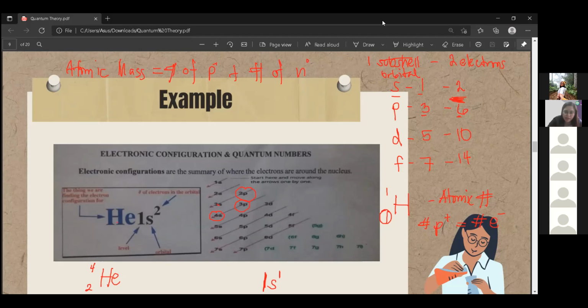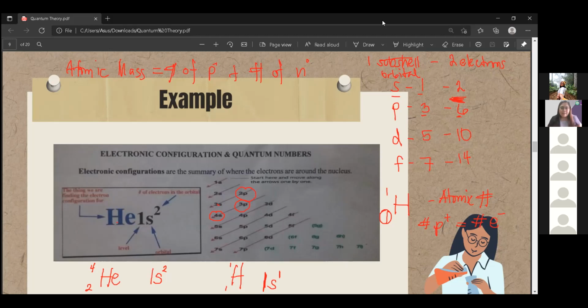And if you make that electron configuration, syempre you will start with 1s, but since s can accommodate 2 electrons, so you just write 2 here. And that's it. That's the difference now between hydrogen and helium. Hydrogen has 1 electron, so its electron configuration is 1s1, but for helium it's 1s2 kasi meron siyang 2 electrons.